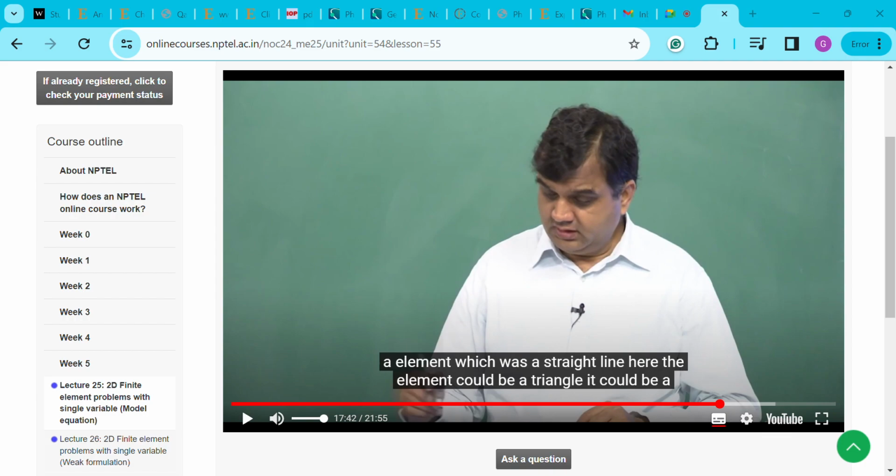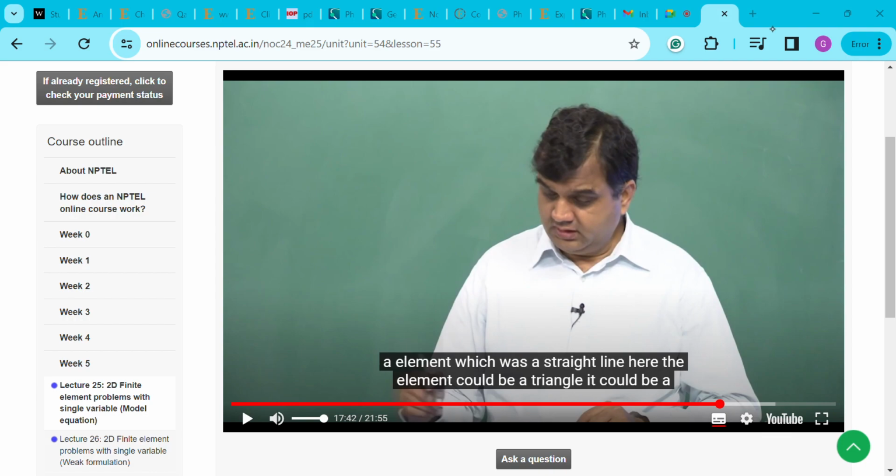Why he didn't specify? That is actually what he told: he has this boundary term, and the boundary term helps in finding the secondary variables. He said that the boundary term will have two components.